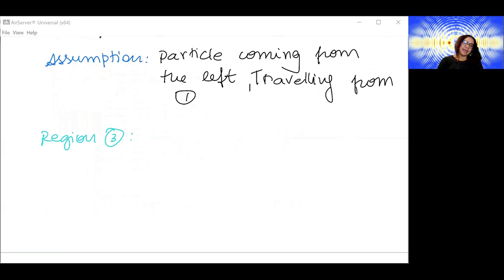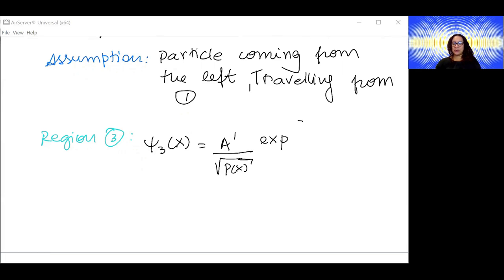And we can say that psi_3(x) can be given by the WKB wave function, where A' is an arbitrary constant, and we have then an exponential from x to the turning point.